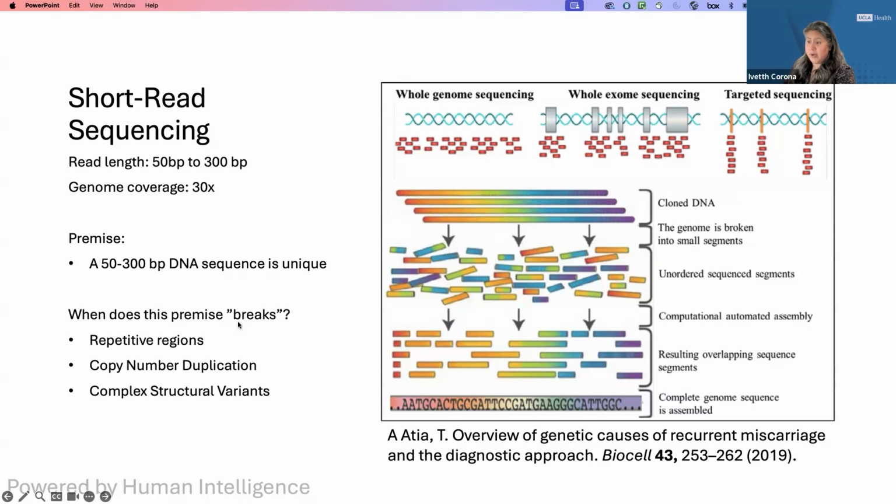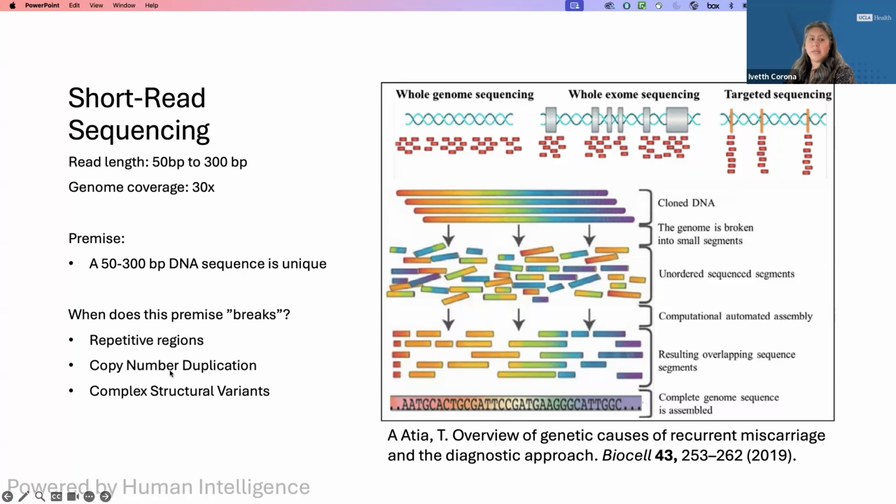That premise breaks when you have repetitive regions, and I'm not even talking at this point about any genetic variation that is going to be pathogenic. We just have regions in the genome that are repetitive and that are known to be problematic for short reads.